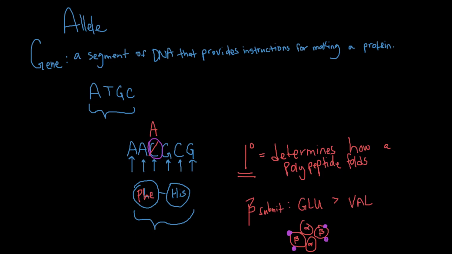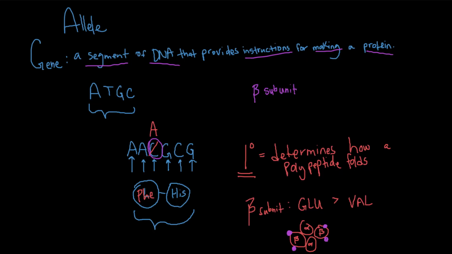So a gene is a segment of DNA that provides instructions for making a protein, and the gene I'm talking about in this example is the gene for the beta subunit protein. Remember, the beta subunit is an actual polypeptide, so it's composed of amino acids.